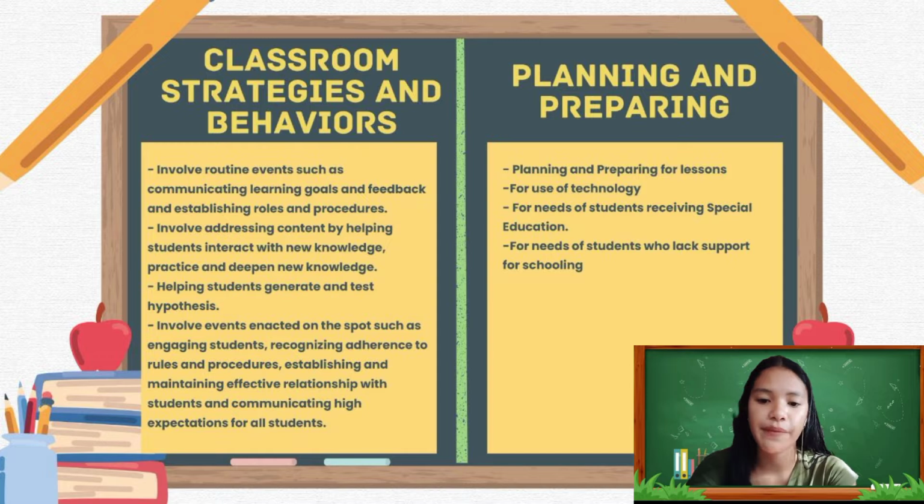It also involves events enacted on the spot, such as engaging students, recognizing adherence to rules and procedures, establishing and maintaining effective relationships with students, and communicating high expectations for all students. Here, as a future educator, we should have those classroom strategies.